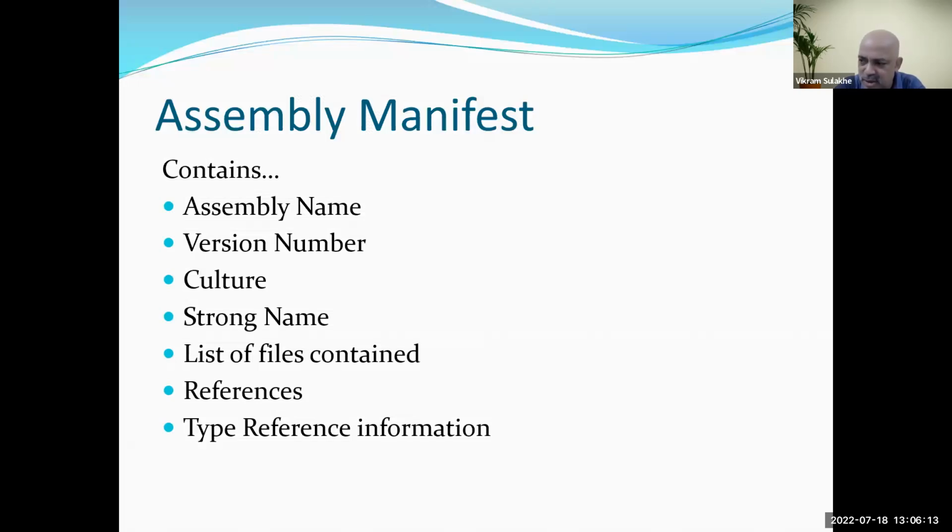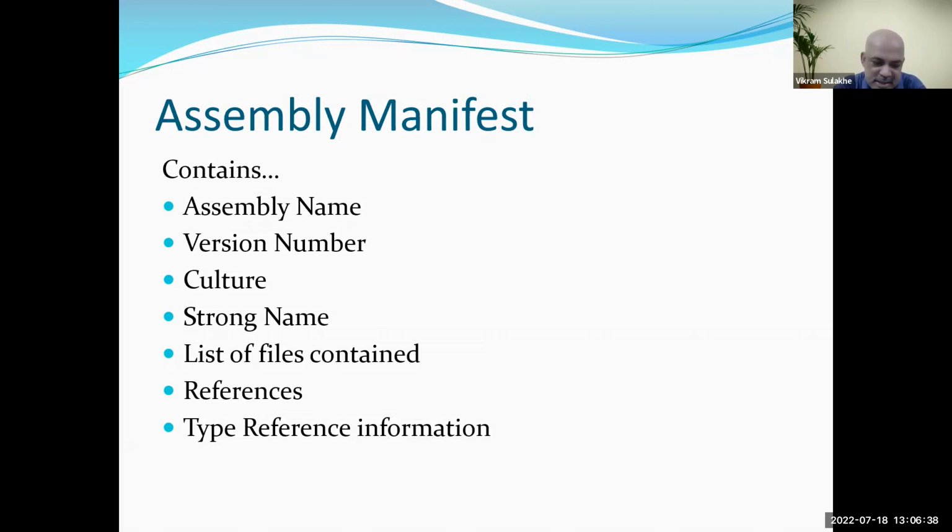EN-US could be one culture. Or Hindi-India, HI-IN could be another culture. And at runtime, you can change the culture and change the language that you're showing in that assembly. So, you could create multilingual software out here in .NET. Right? So that is part of the details about the assembly.